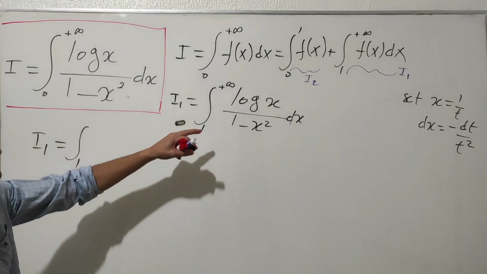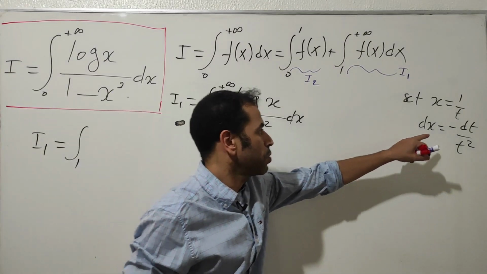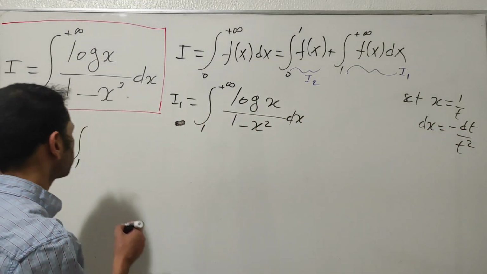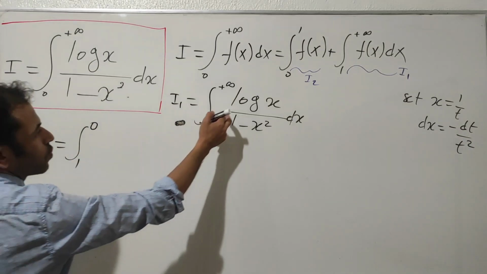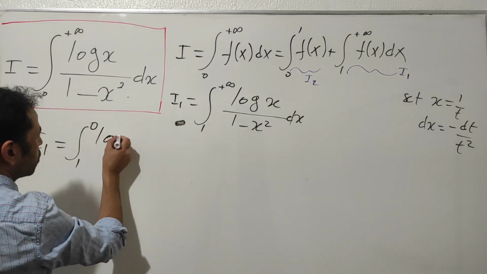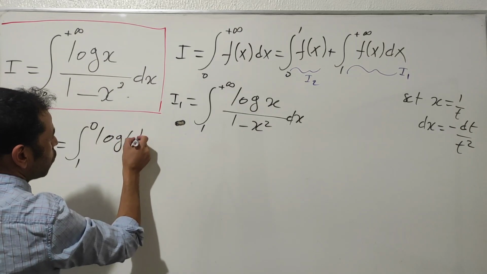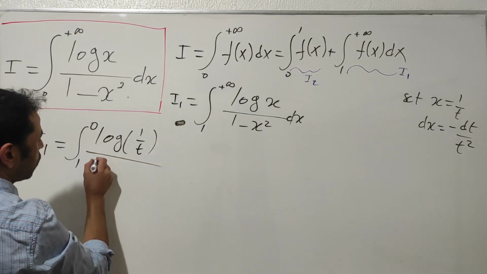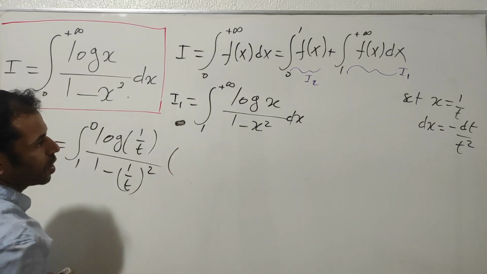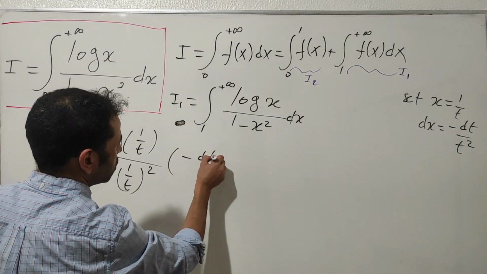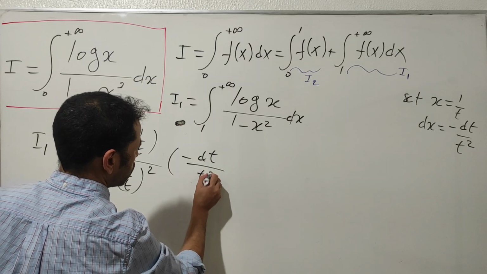Replacing x with plus infinity, we have t equals 0. Okay, so for the logarithm, I get log of 1 over t all over 1 minus 1 over t, quantity squared. And dx becomes minus dt over t squared.